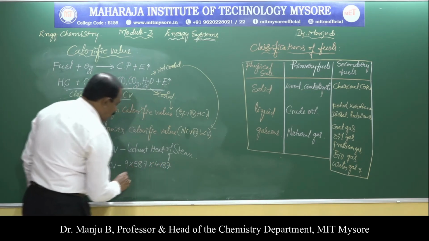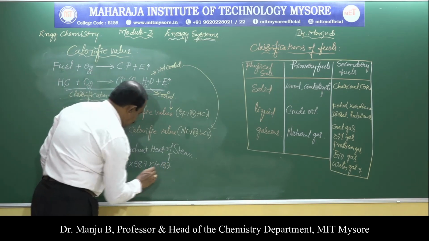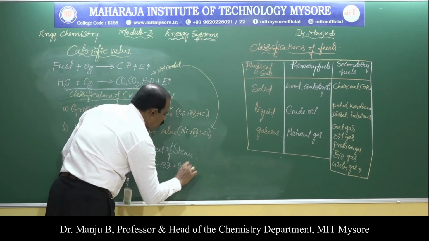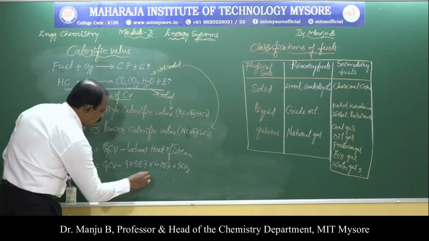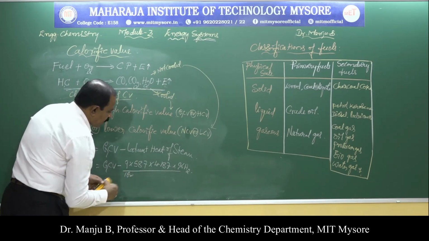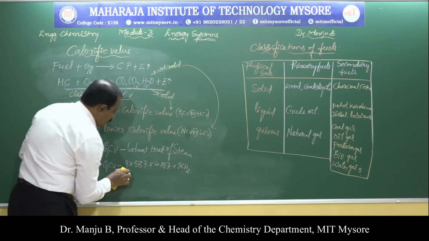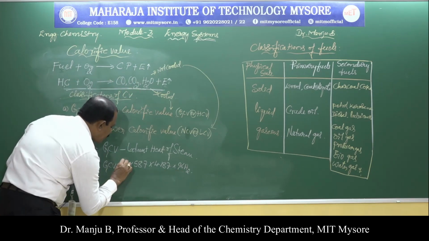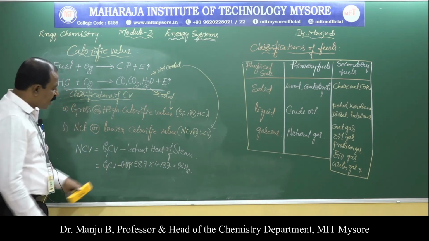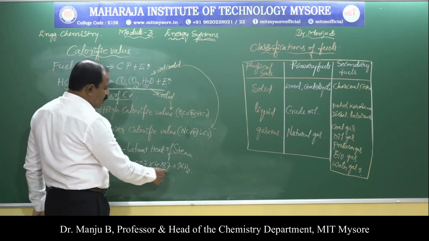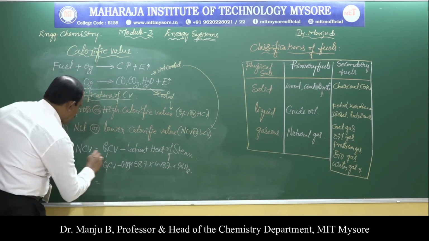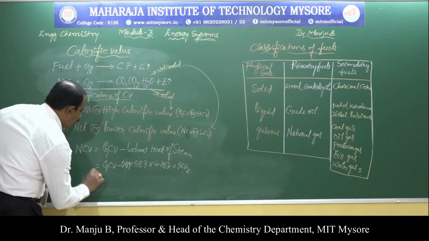So 9 into 587 into the percentage of hydrogen, depending on how much hydrogen content is present, divided by 100. Now 9 by 100 can be written as 0.09. So 0.09 into 587 into 4.187, multiplied with the percentage of hydrogen, gives the net calorific value.